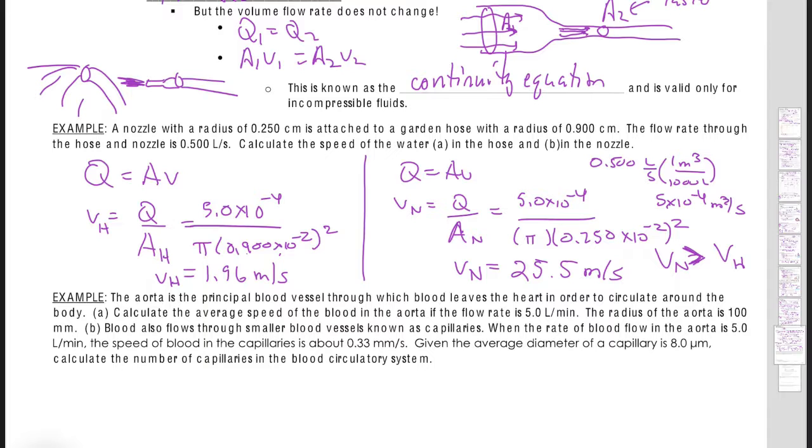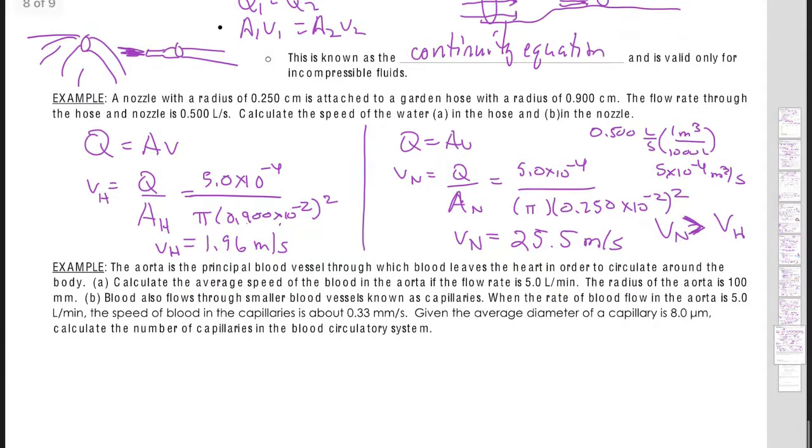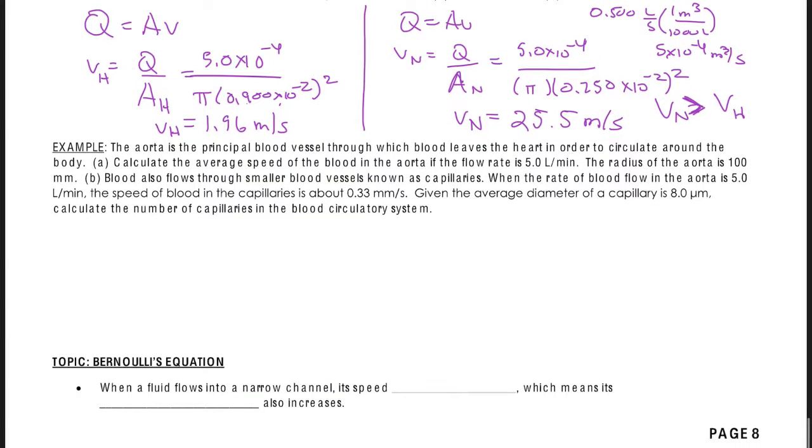Okay, now let's look at capillaries. One thing you can do here with the equation is, I have the number, right? The total flow rate is the total number of capillaries times AV. The aorta is the principal blood vessel through which blood leaves the heart in order to circulate around the body.